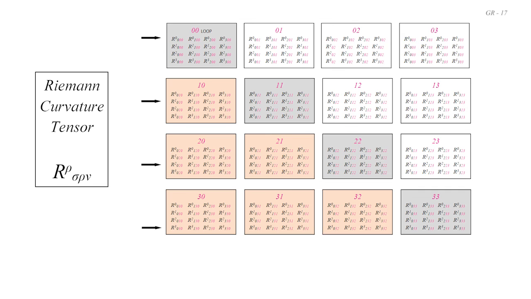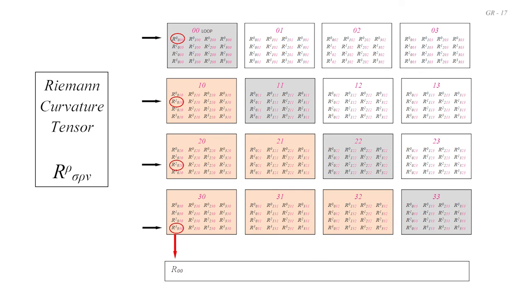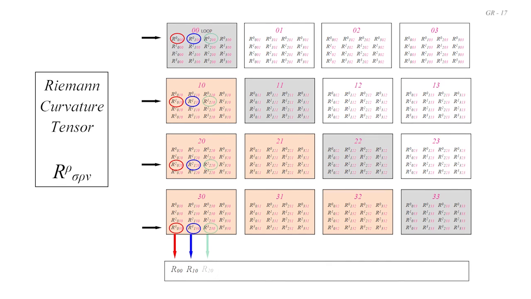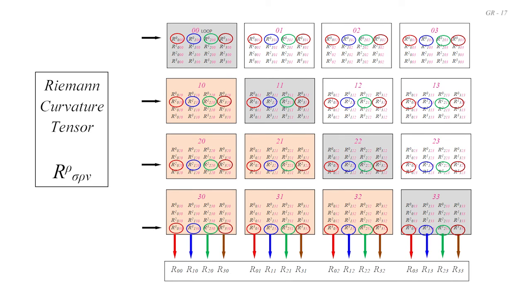And if we now add up all the entries from those rows that are in the first column, it will give the Ricci component R0,0. The reason being that all these terms have 0 in both the second and fourth index of Riemann, so we have 0 in both of the Ricci indices. Adding those selected Riemann terms from this second column together produces the Ricci component R1,0, and from the next R2,0, and then R3,0, and so on.